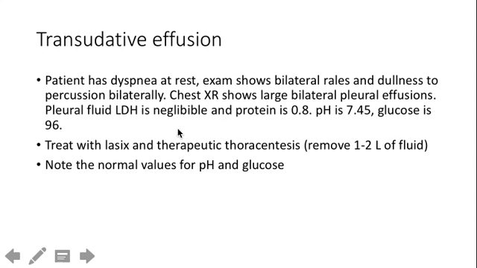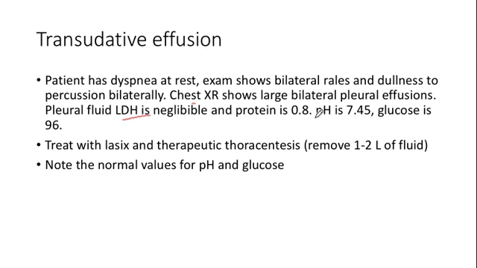Another word about transudative effusions, just the classic kind of case here. You've got a patient who has pretty clear heart failure, and you know you've got the bilateral effusions on the x-ray, and then you look at the thoracentesis results, and there's basically no LDH because you don't have any white blood cells in there, because it's not an inflammatory effusion.